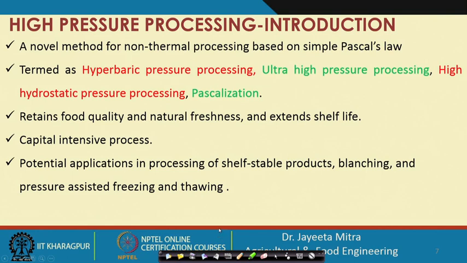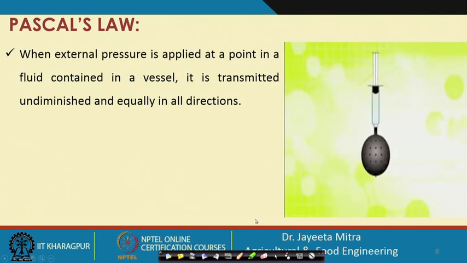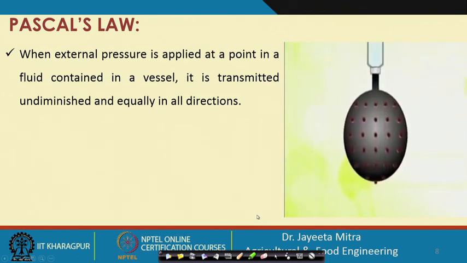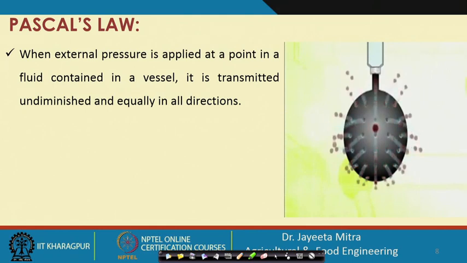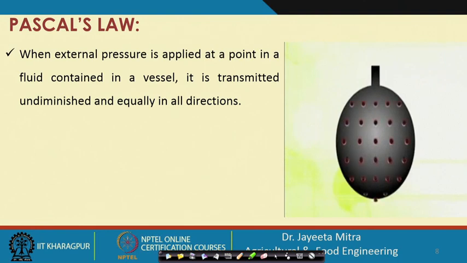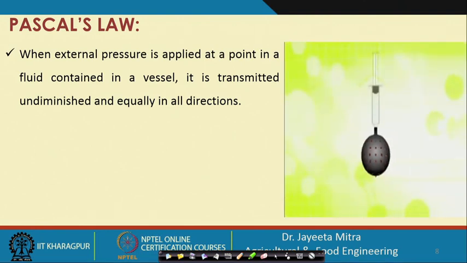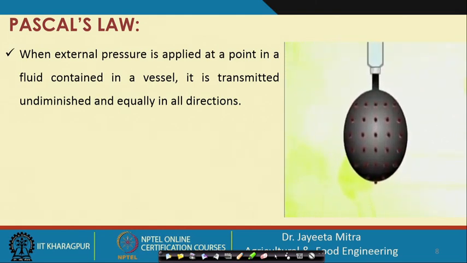Potential applications are in processing of shelf stable products, blanching, and pressure assisted freezing and thawing. So, there the application of high pressure processing is normally done. As we mentioned, it works on the principle of Pascal's law. When an external pressure is applied at a point in a fluid contained in a vessel, it is transmitted undiminished and equally in all directions, right.